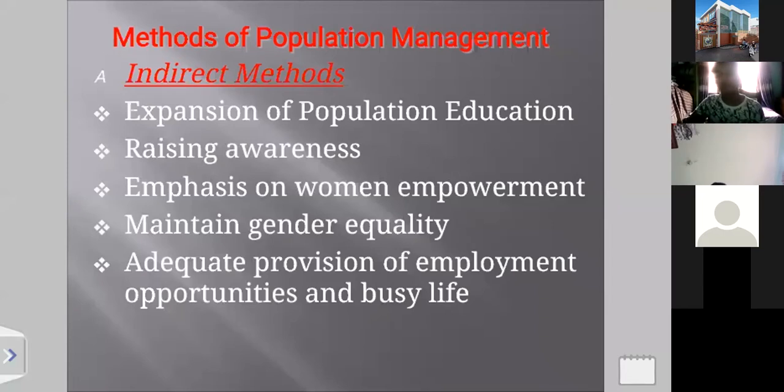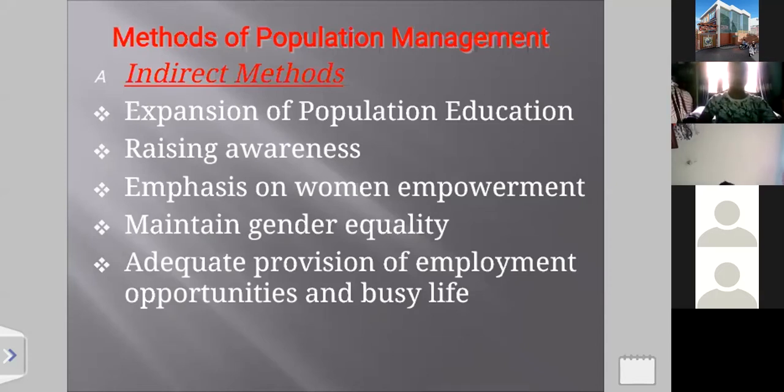Yes, sir. Okay, Mr. Ellis, I told you that there are different indirect methods of population management. You can see in the slide. The first is expansion of population education. Mr. Ellis, could you please tell me something about the expansion of population education?